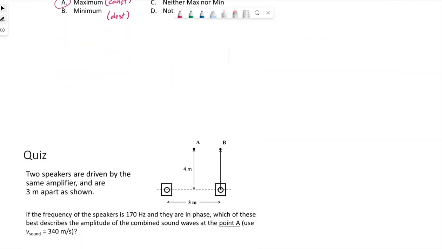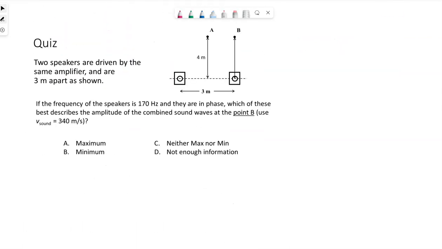So one more question. If I've done my math in my head correctly, which we'll see in just a second, point B is a minimum. So point B, again, this is similar where we have to see which of these situations, if either, give us an allowed m value. So this is constructive, this is destructive. Delta X is the difference in distance.